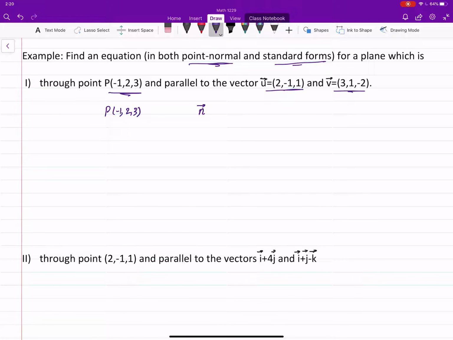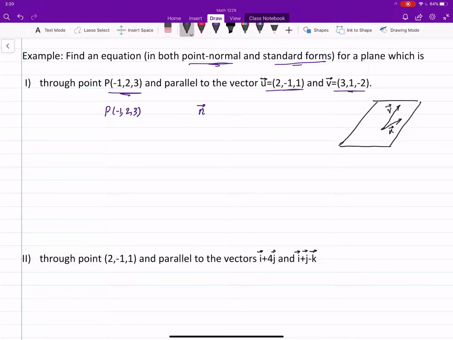Point is given, normal vector, well, is not. Instead of that, there is other information available. The plane is parallel to these two vectors, u and v.